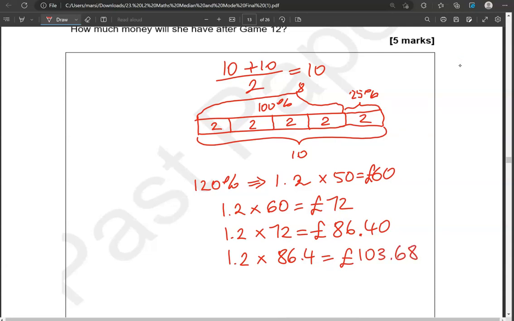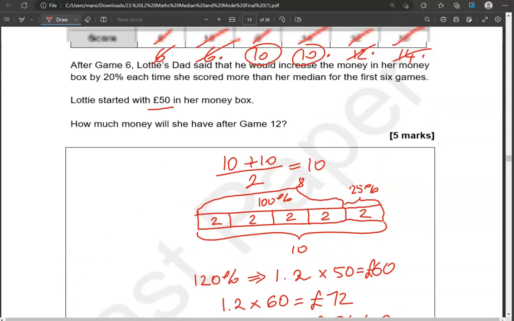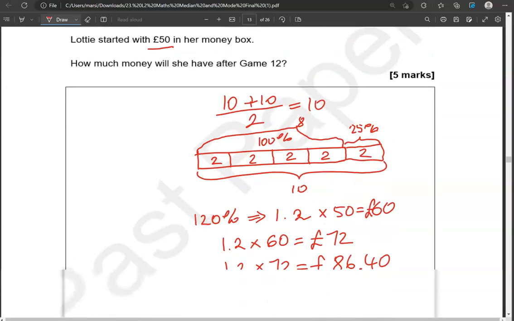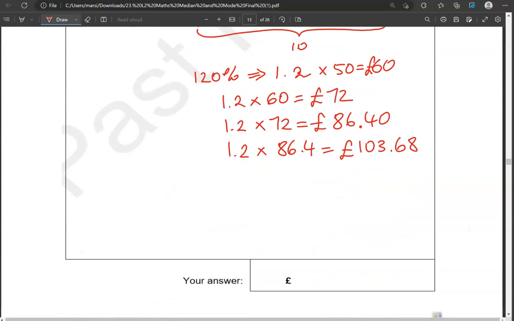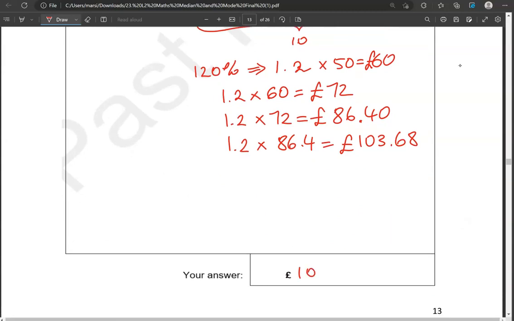So £103.68. How much money will she have after game 12? That's the answer, £103.68.